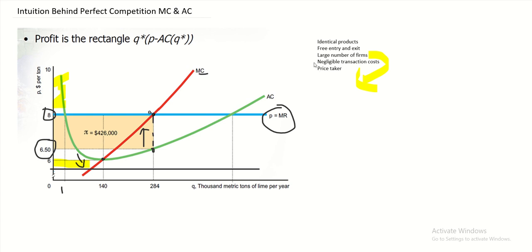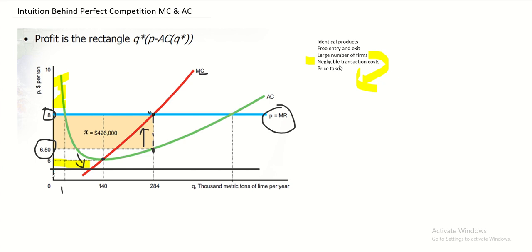One important point identified here is negligible transaction costs. What does that mean? It assumes there is no cost or minimal cost involved in buyers trying to find sellers, or sellers trying to find buyers. So that cost is minimized or assumed to have a negligible impact on our whole model.